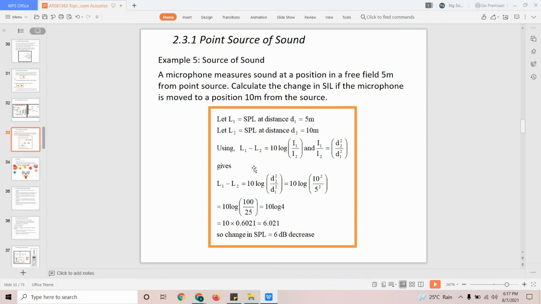When you double the distance, regardless of how big it is, maybe 50 meters to 100 meters, you work it out, and you should get the same result: 6 dB.